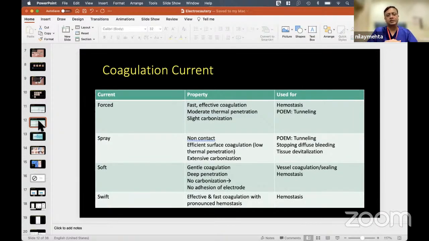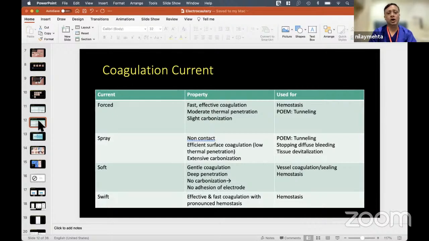And that's why, as Prakash has said, we also shifted from spray to forced current for tunneling. Only difference between using spray current for tunneling and for myotomy is that for tunneling, you don't touch the loose areolar tissue. But when you are using it for myotomy, you have to touch even if you are using spray, isn't it, Prakash? That's right.